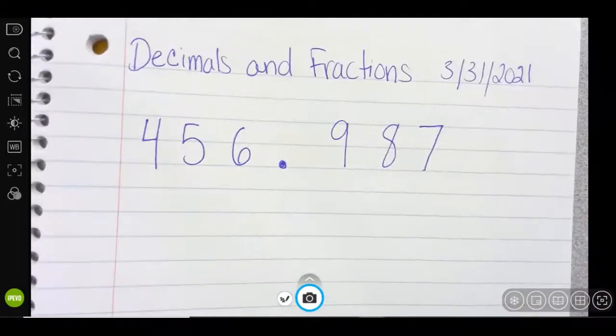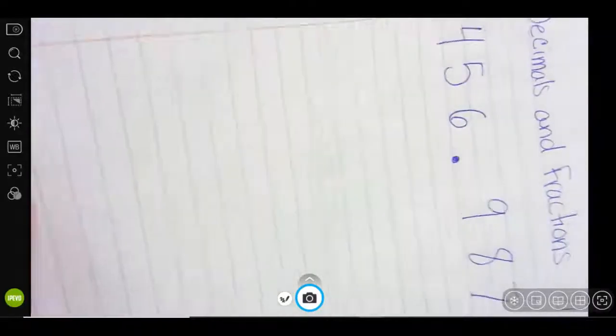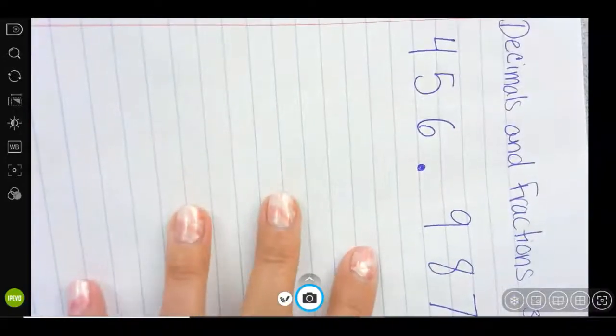After you have the number written down, we're going to flip our paper because we're going to label these place values.